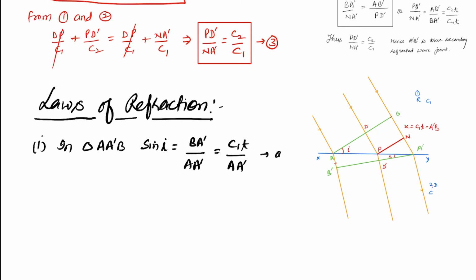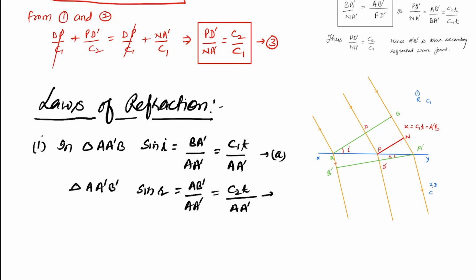This is say equation A. From triangle A dash B dash, sine R is equal to AB dash divided by AA dash, and this is equal to C2T divided by AA dash.